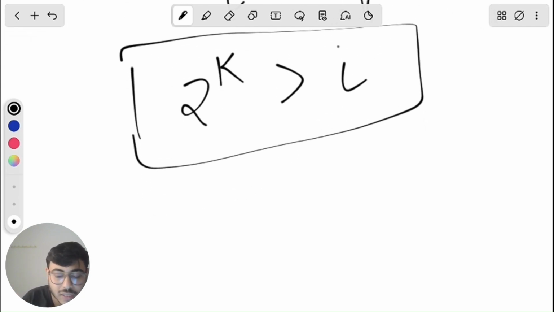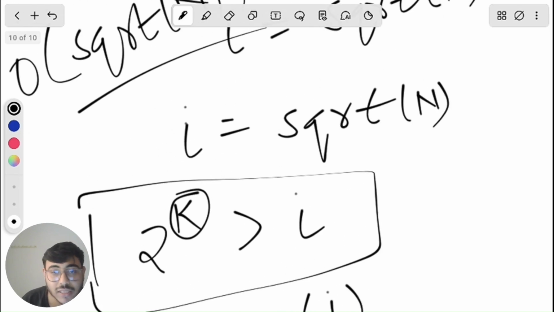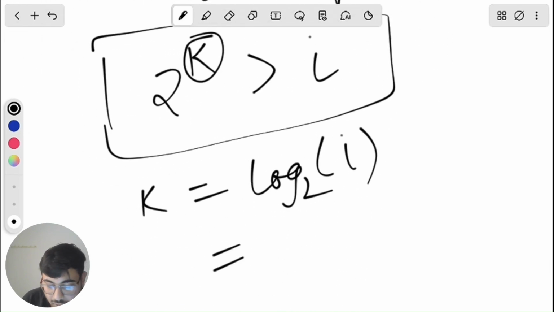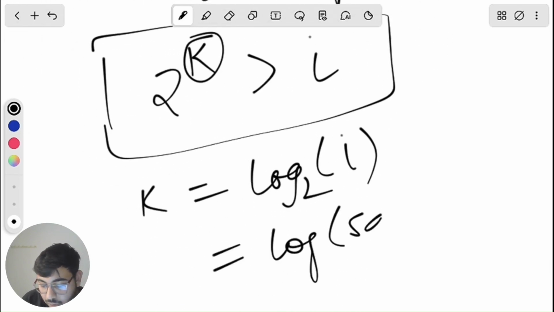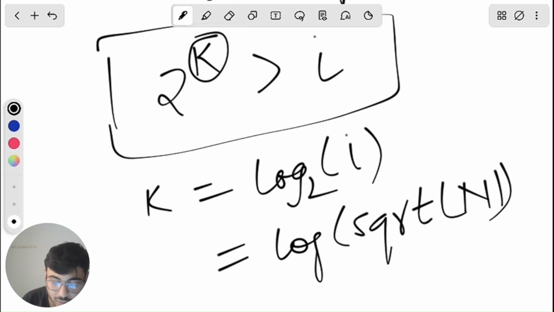So k is the number of steps, जितनी देर मेरा loop चलेगा, right? So if I take log on both sides, k will be equal to log 2 based I. And what was I? I was SQRT n. So this becomes log of SQRT of n. So the runtime of that piece of code is log of SQRT of n. Remember, this is what?